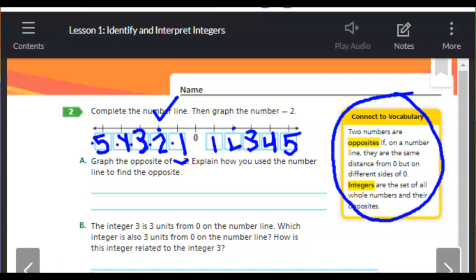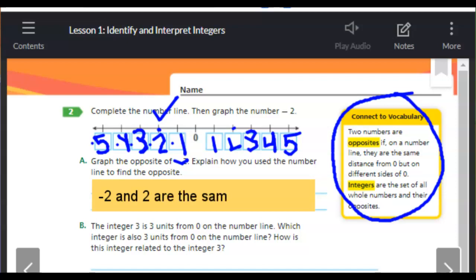So -2, why? -2 and 2 are the same distance from 0, but on different sides of 0.